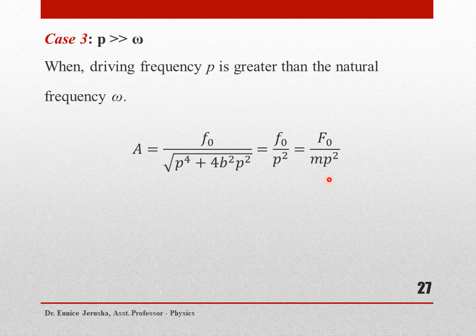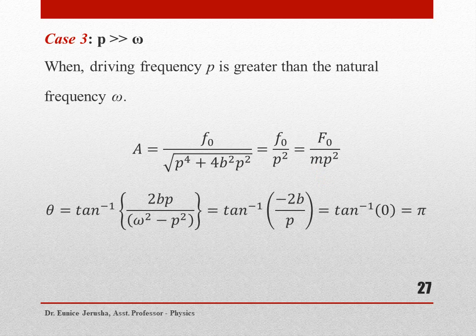In order to obtain the phase angle theta, we make a similar explanation where omega square is less than P square. Therefore, omega square is neglected. We are left with 2BP divided by P square.